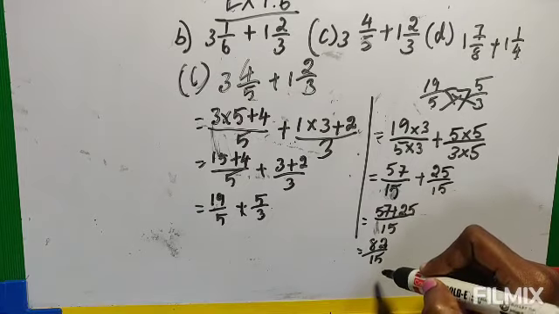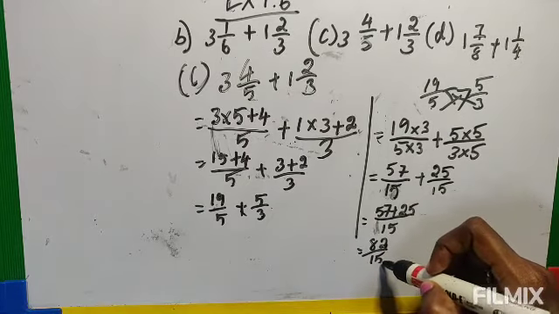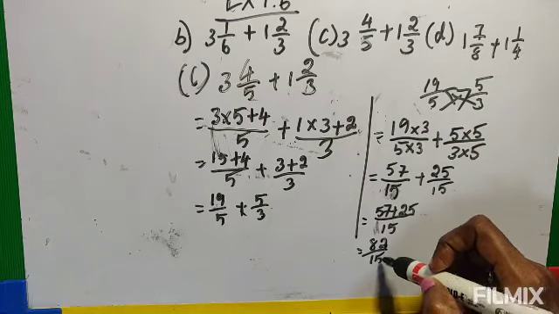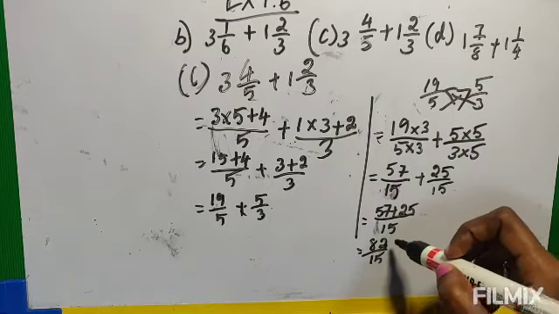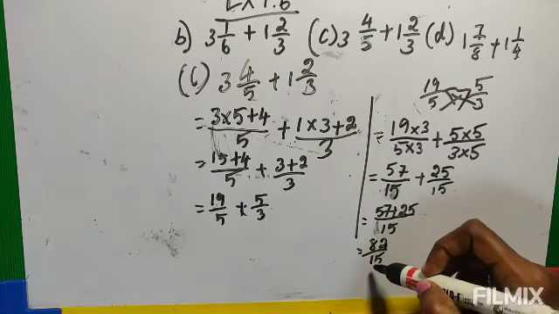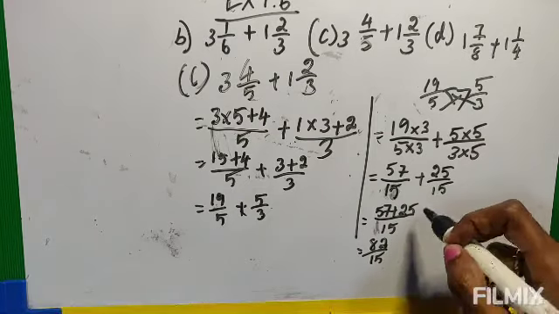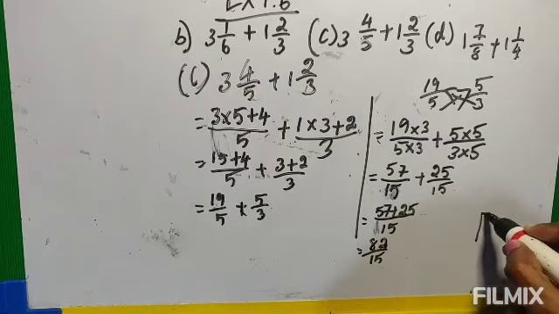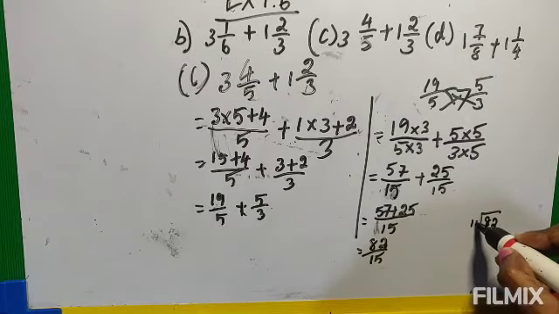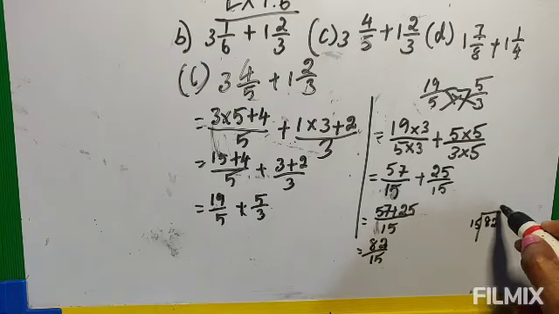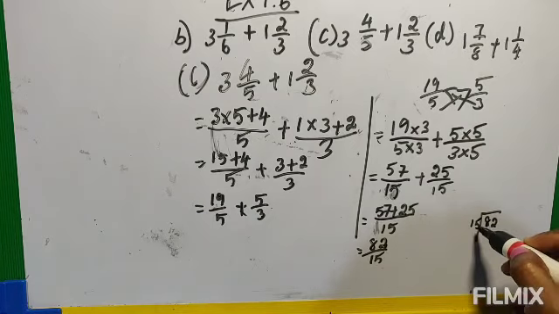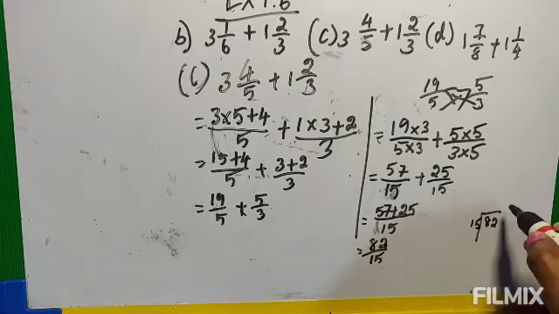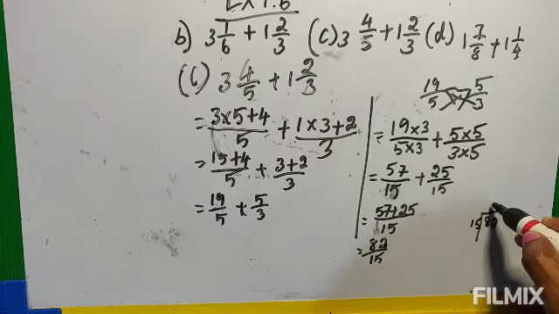Now this will be divided by 3 and 5 only, but 82 won't be divided by 3 or by 5. So they don't have a common factor to divide, and you can convert into a mixed number. So 82 divided by 15: 15 2s are 30, 15 4s are 60, 15 5s are 75.